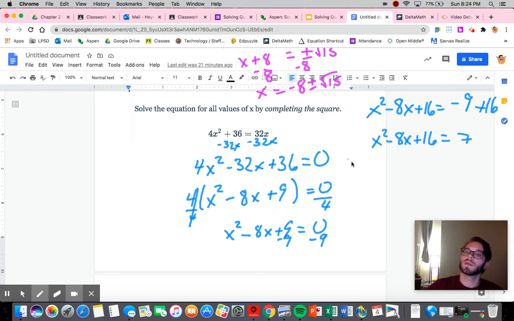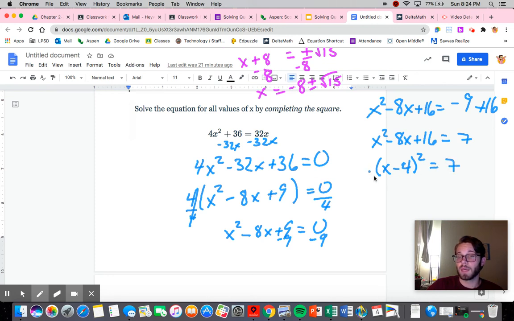Assuming we did this right, this should be a perfect square trinomial. We do need to be careful: it is x minus 4 squared, and that's still equal to the 7.